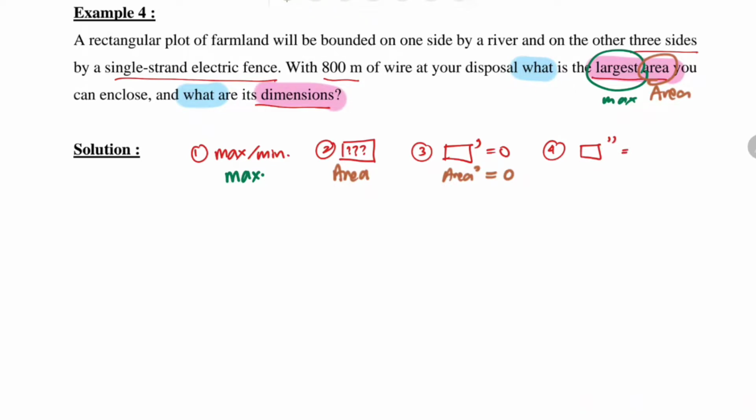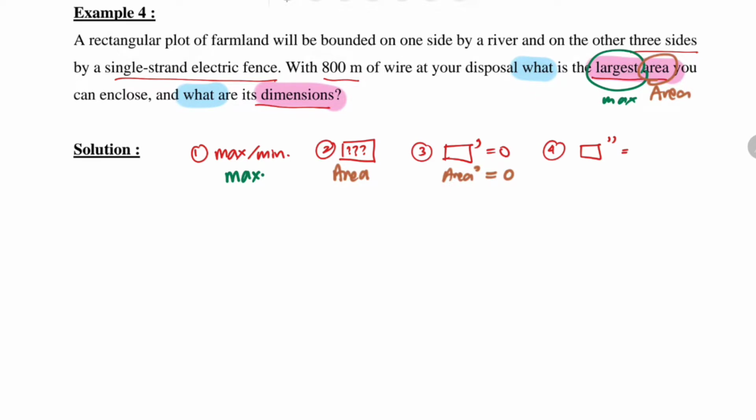Even though this is not strictly needed, it is very important because you want to check whether the value that makes the derivative equal to 0 is the result of maximizing the area and not minimizing the area. That's why we have to check the second derivative.